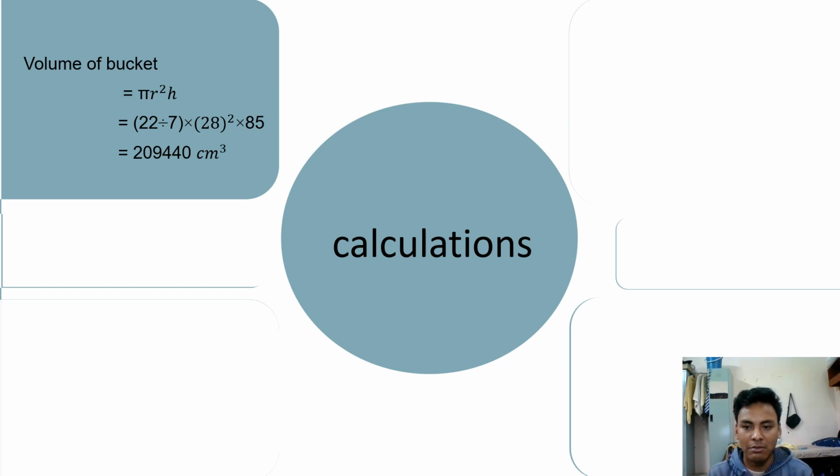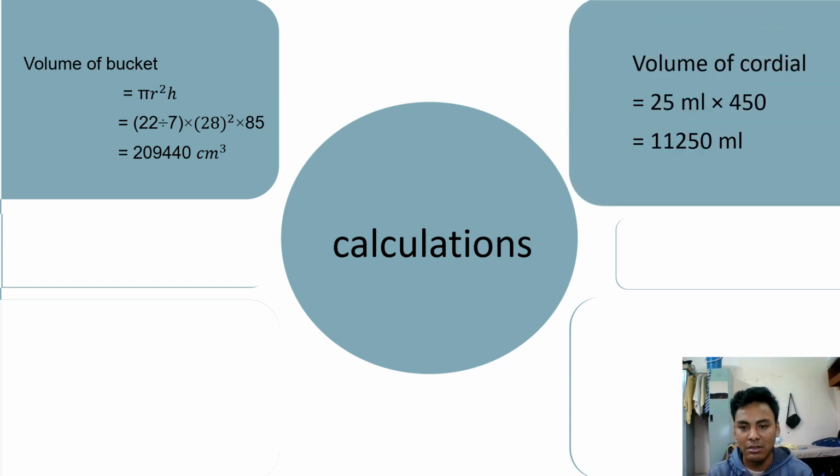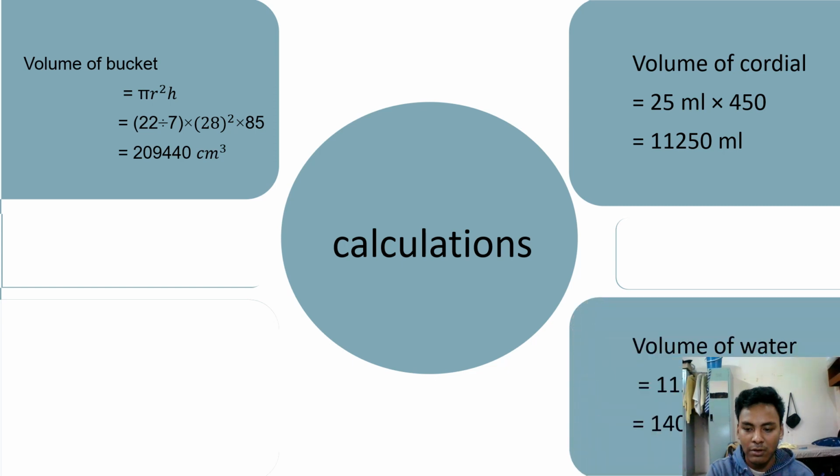Secondly, we will find the volume of cordial, which is 11,250 milliliters. And then for the volume of water, we will use the volume of cordial times 125 to dilute it, and we have this value.